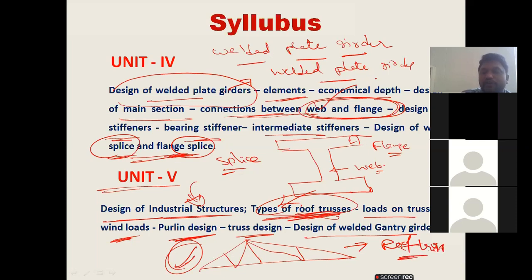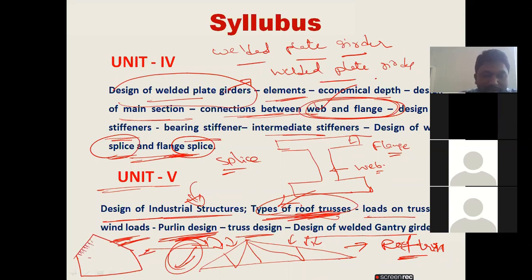Anyway, I will show you all diagrams for better understanding before entering into the subject discussion. Okay. In tomorrow's class, I will explain all the designs. So here, if you observe the roof truss, loads on the truss, what are the wind loads? How much wind load is acting on this? Like this. The purlin design. So in the roof, suppose it is a roof, it is a structure.